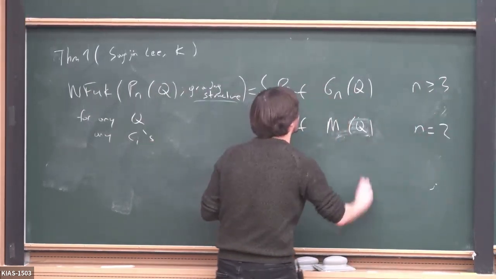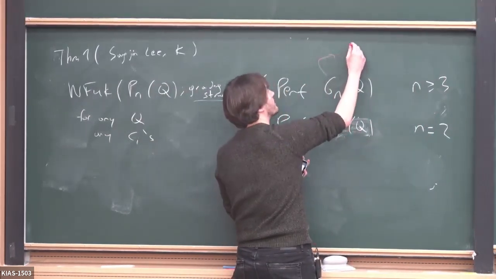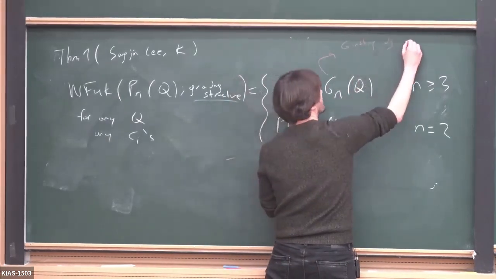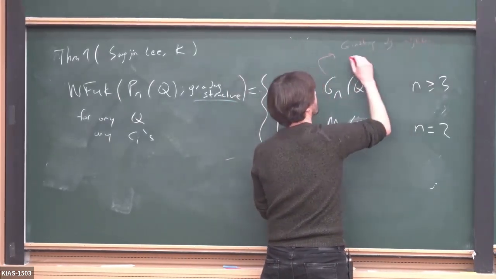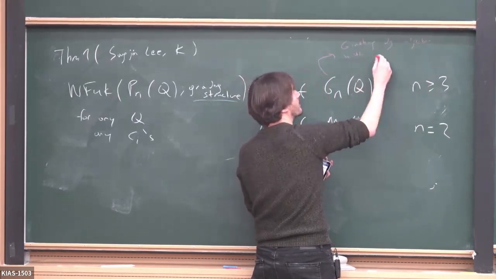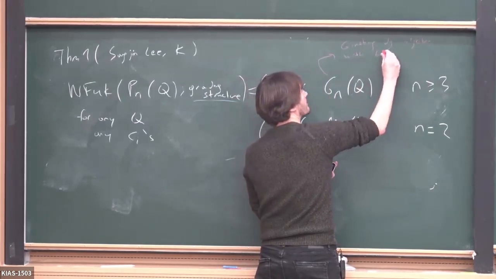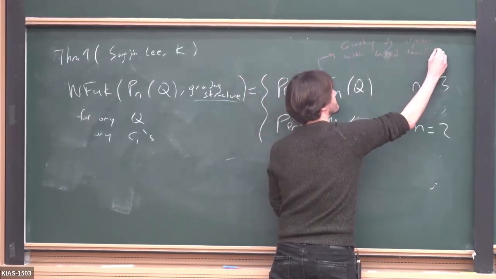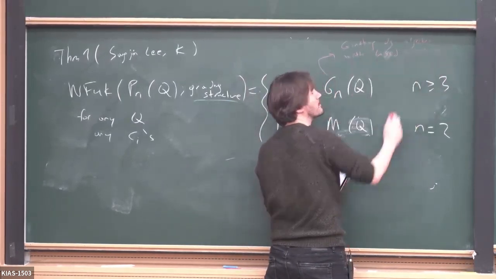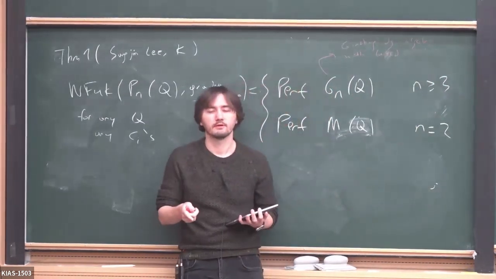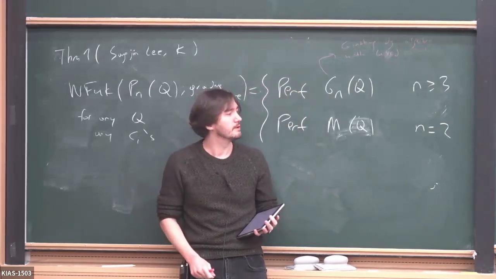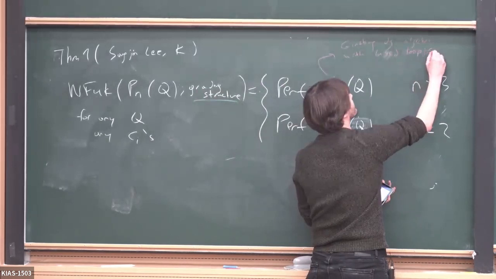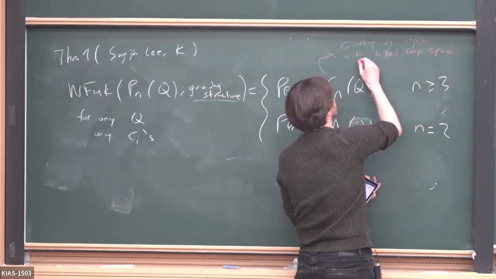So this is Ginzburg DG algebra with based loop space coefficients.